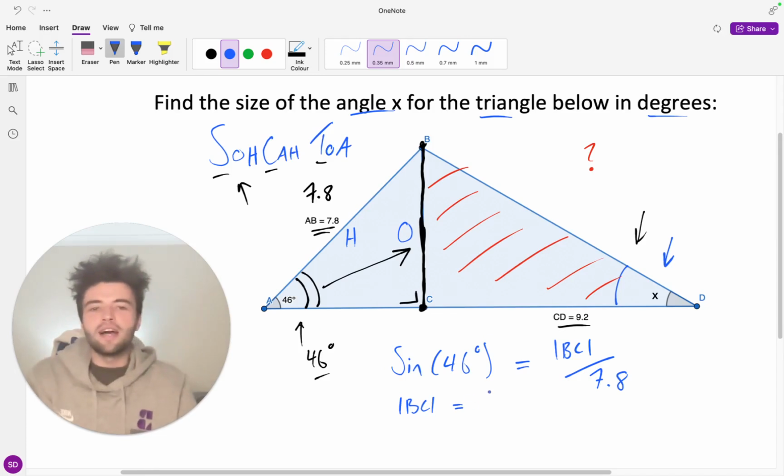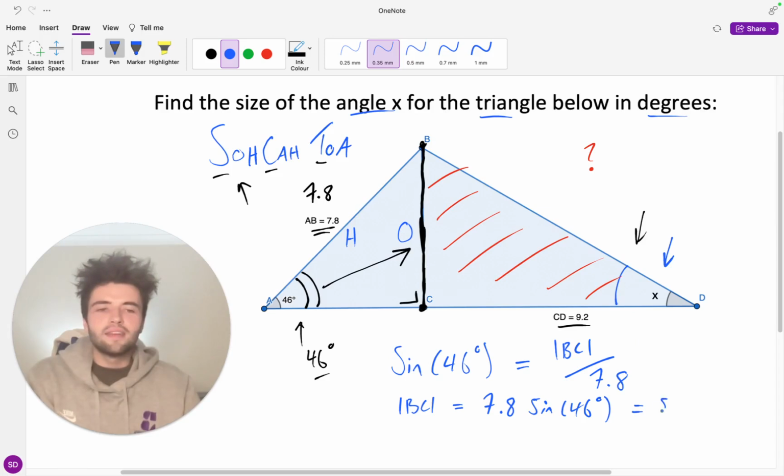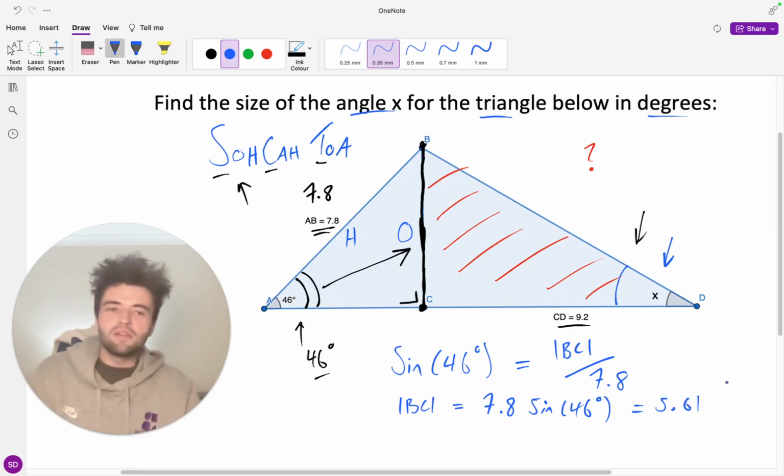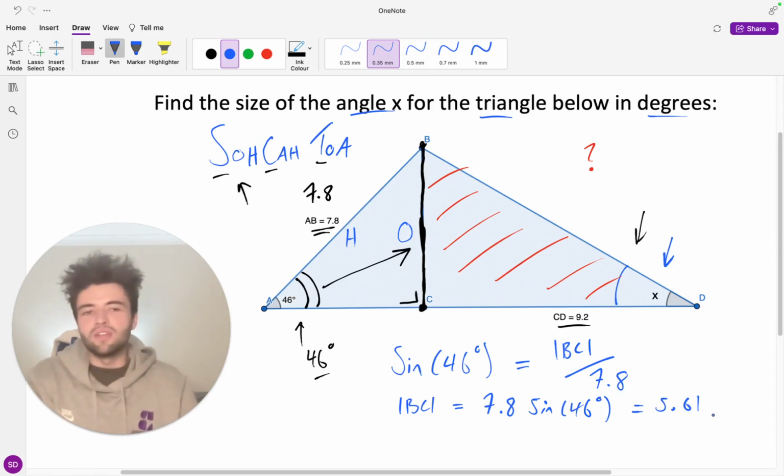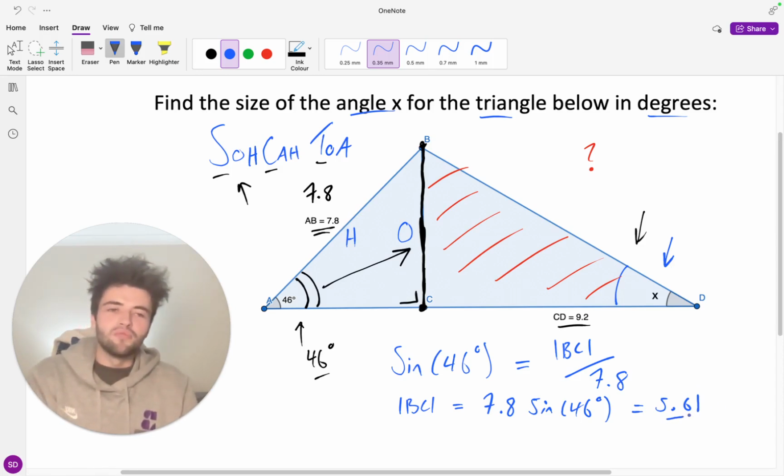This makes it really handy to find the length of the side BC, because we can simply multiply across by 7.8 and have our sine 46 stay in there as well. We can plug that straight into the calculator to find the length of the side BC, and the length of that side is going to be 5.61. We're not dealing in centimeters or meters here, we're not given a unit of length, so 5.61 is fine. So that's going to be the length of our side BC.